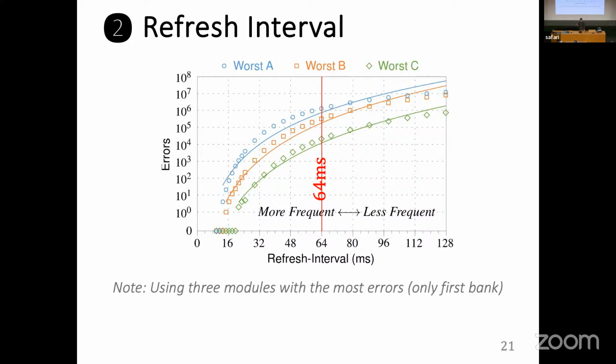That's a very large increase in your refresh frequency, so it will have a dramatic impact on both the performance of your memory system and the energy consumption.